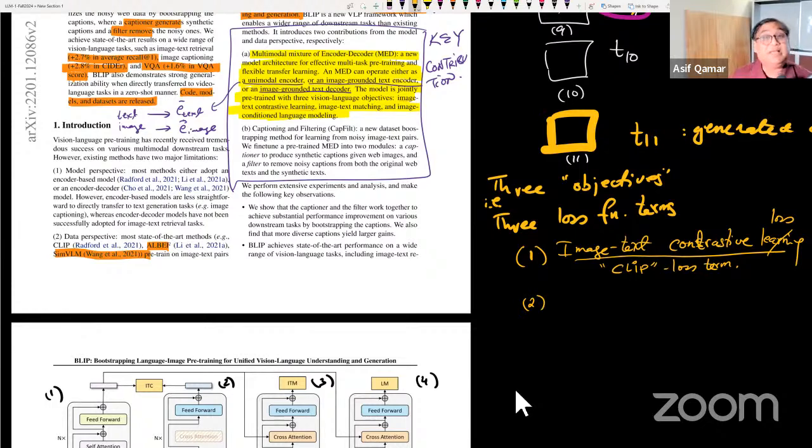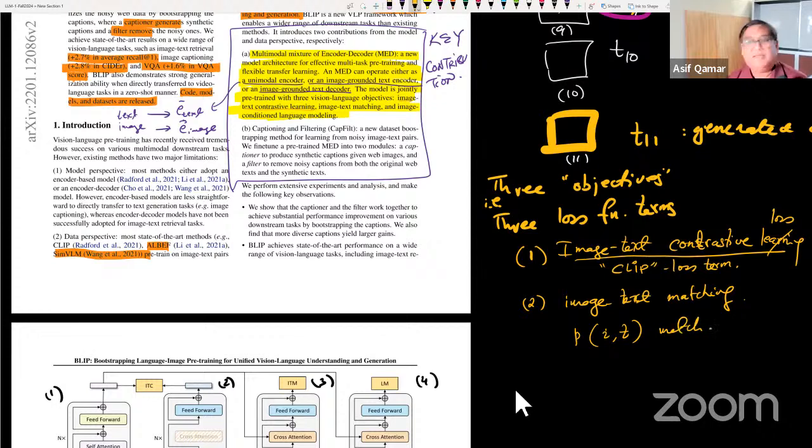Number 2 is image text matching. What does that say? If I give you an image and I give you a text, you have to take those 2 things and tell the probability that these 2 things match. Now, suppose that the image and the text do actually match.